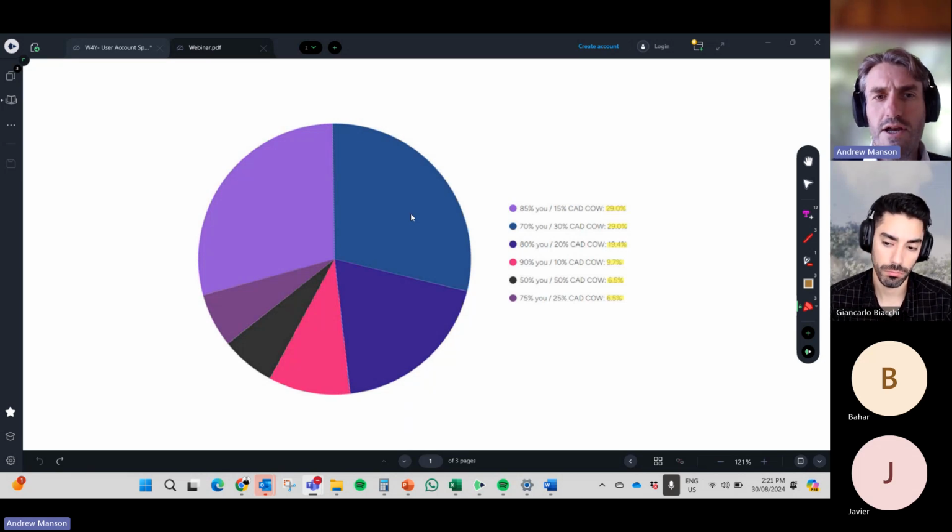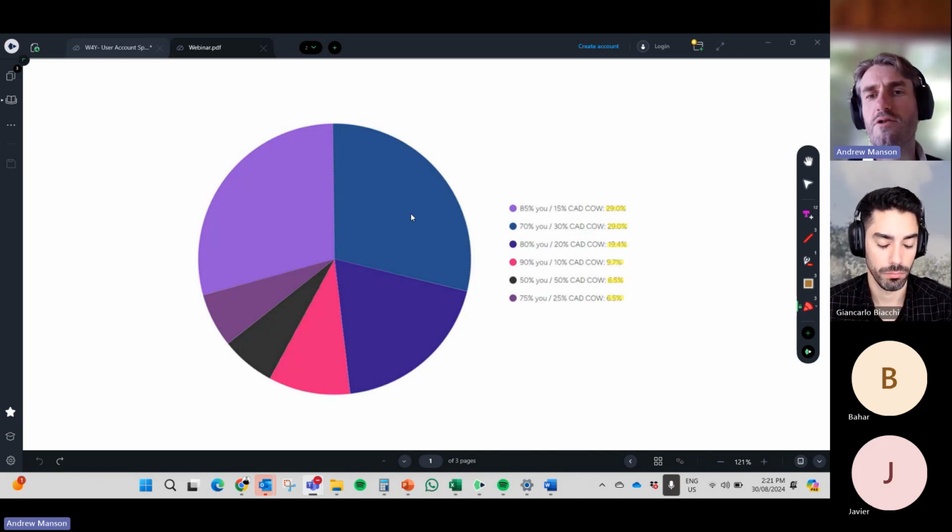Thinking along those lines, we thought that's actually how CADCOW makes money too. We were just calling it a markup. We're now looking at calling it the split. The split would be a percentage of the total fee a client would pay.